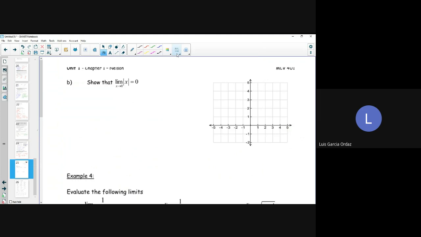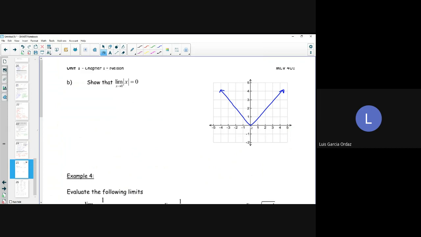Okay, so we want to show that the limit of x approaching 0 of the function absolute value of x is equal to 0. Remember that the absolute value function looks like a V. Okay, so obviously, from what you guys can see visually, is the limit as x approaches 0 of absolute value of x equal to 0?